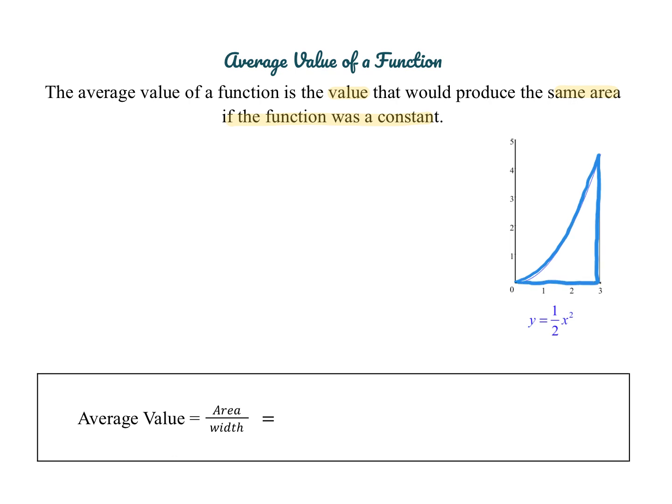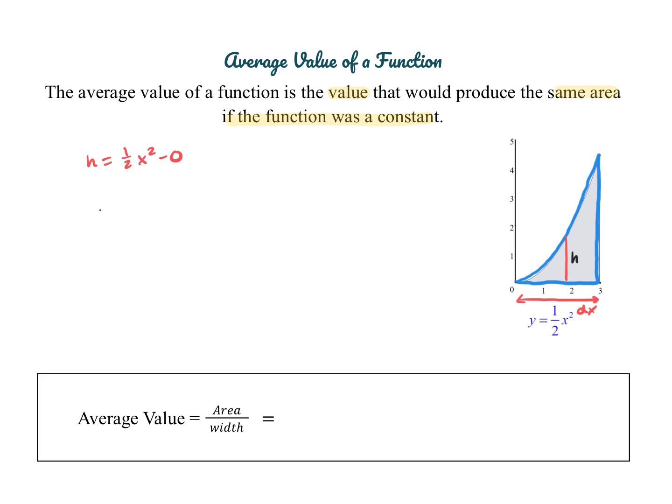So let's take this bounded area here. If I want to find this bounded area, I'm just going to define this height and integrate from left to right. So I'm going to integrate with respect to x. So that height, I'll call this h, is just 1/2 x squared minus 0.